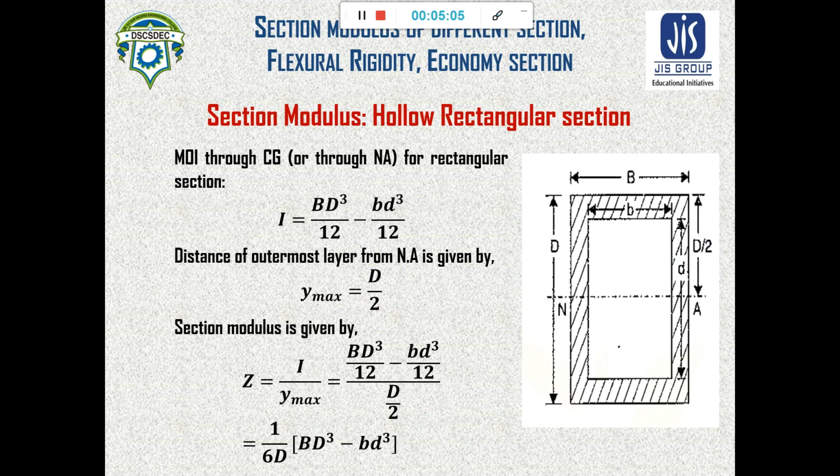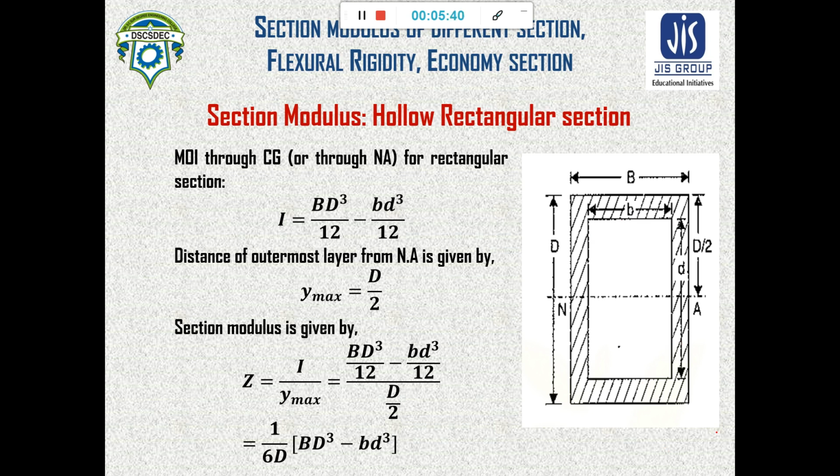Similarly, let's see a hollow rectangular section. For a hollow rectangular section, the moment of inertia is calculated where capital B is the breadth of the outer rectangle and capital D is the depth of the outer rectangle. Similarly, small b is the breadth of the inner rectangle, and small d is the depth of the inner rectangle.